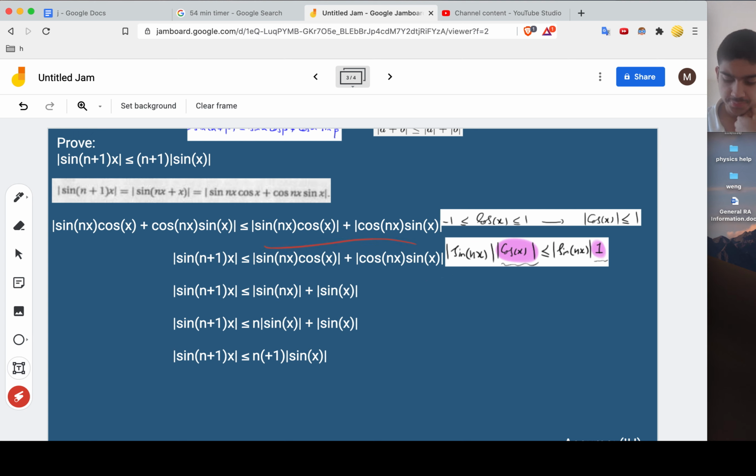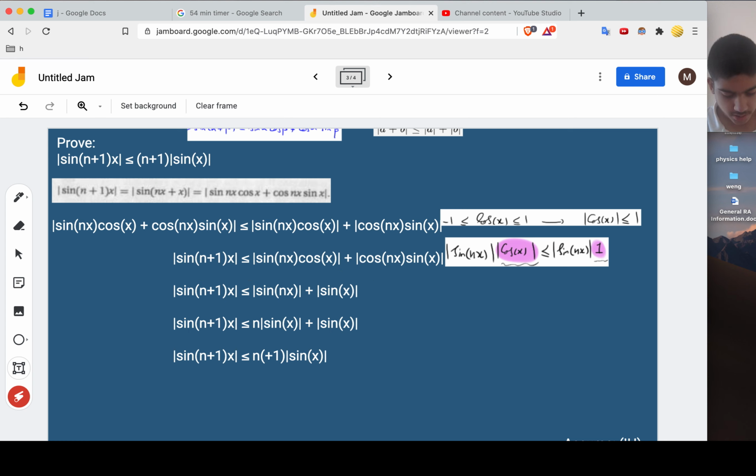Well, because of this example right here. If we replace the cosine with the number 1, then it becomes bigger, because cosine of anything is always less than or equal to 1. So we can just replace it and get rid of the cosines. Now we have this inequality here.